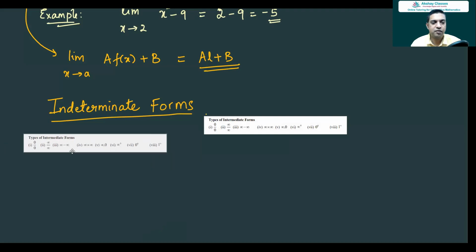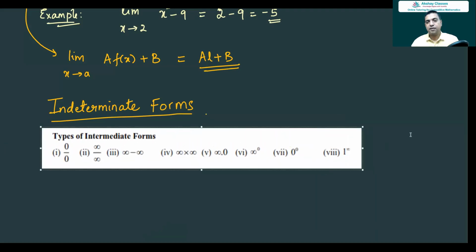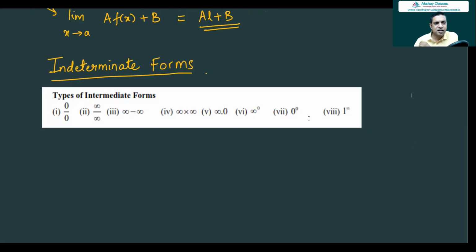These are indeterminate forms of the function. When x approaches a particular value, the expression approaches one of these forms. So suppose f of x is numerator by denominator. For example, x square minus 4 by x minus 2.